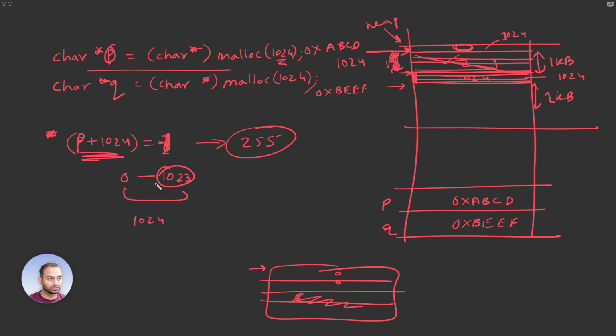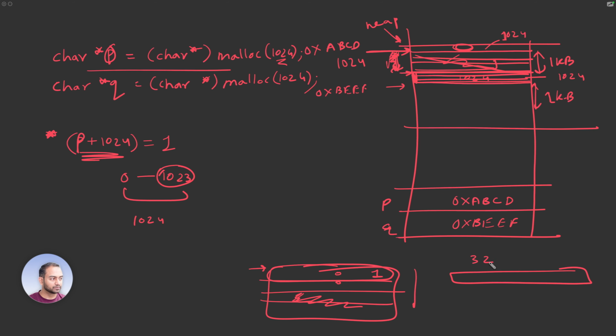Or, well, let's not complicate our life. Let's just say we write a 1. So in this byte now, we have gone and written 1. So for the 32 bits that represent an integer here, 1024 was saved in the early 16 bits, and we wrote a 1 here on some bit, maybe the 24th bit.